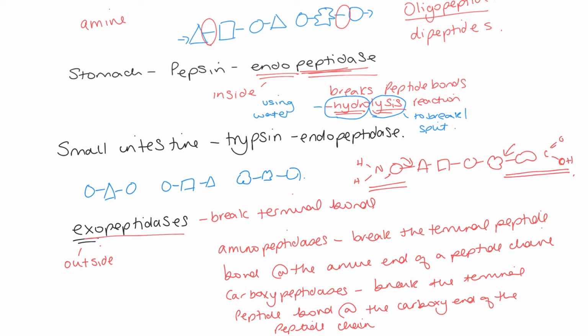We have aminopeptidases and carboxypeptidases, and these release individual amino acids that can then be absorbed. And we'll talk about absorption a little bit later on. However, you will often end up with chains of amino acids that are 2 amino acids long. Dipeptides. So in order to break down a dipeptide, you need a dipeptidase.